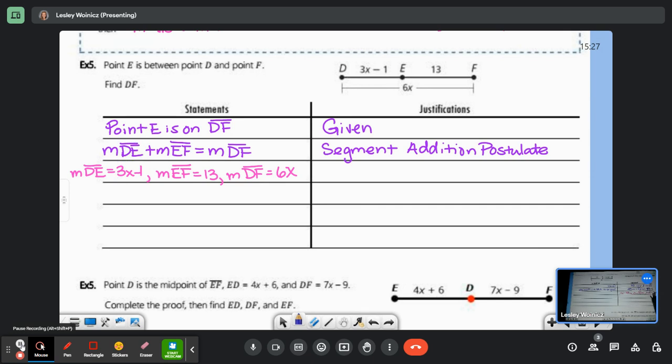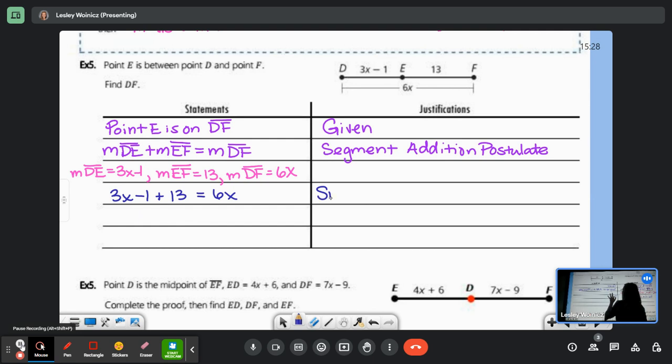So 3x minus 1 plus, okay, EF is 13, plus 13 equals 6x. Okay, we got that by substitution.